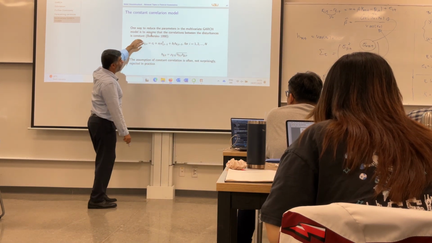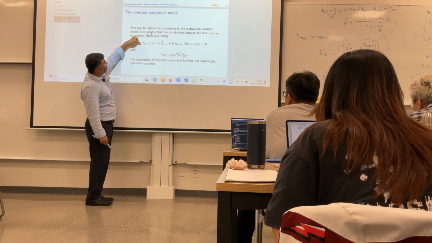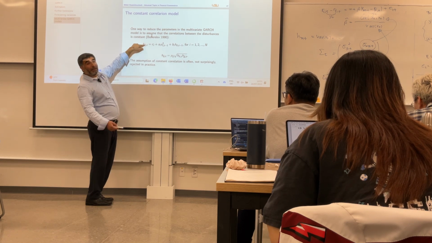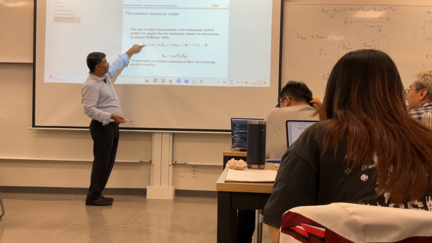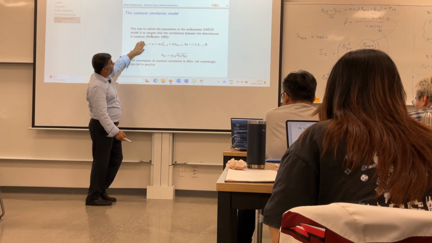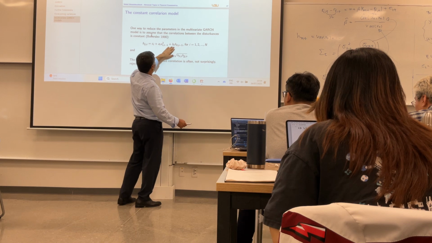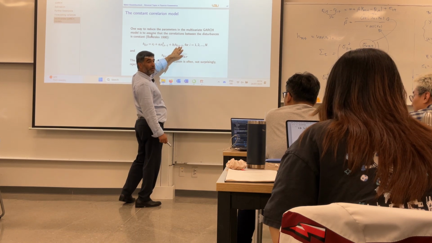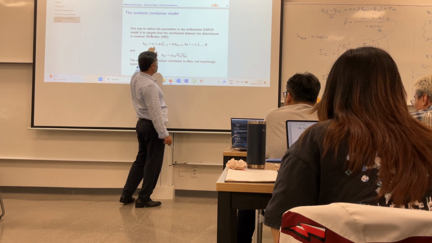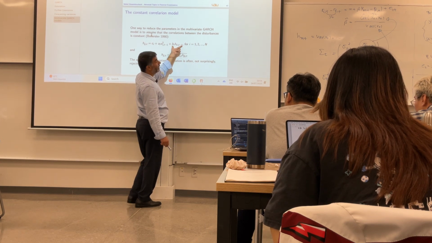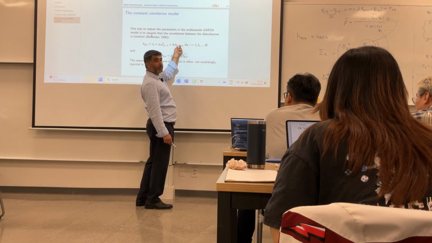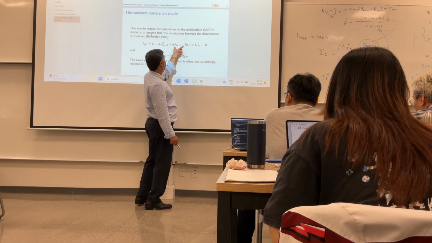So the idea is actually very simple. This is h_ii, the variance of asset i. Say 1 and 2. It is a very simple GARCH: sigma squared equals a constant plus the past shock to the power of 2 plus the volatility one period back.